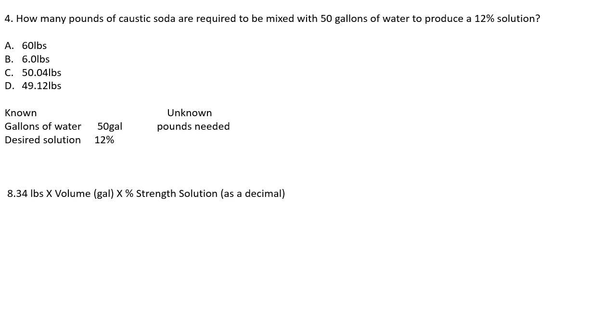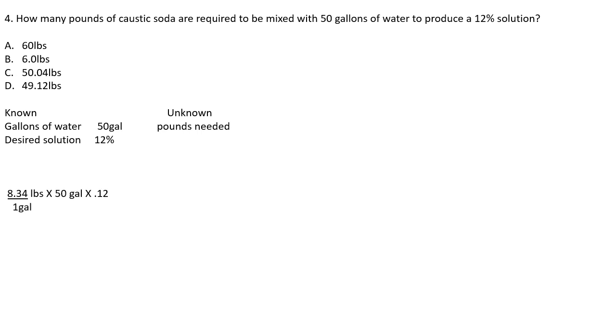So the answer we're looking for is in pounds. So if you did this on your own and got 6, that's because you did 50 gallons times 0.12, which is 6, but that's gallons. We need pounds. So the formula for that is going to be 8.34 pounds per gallon times the volume of the water, so that it's in pounds, times the percent strength of the solution as a decimal.